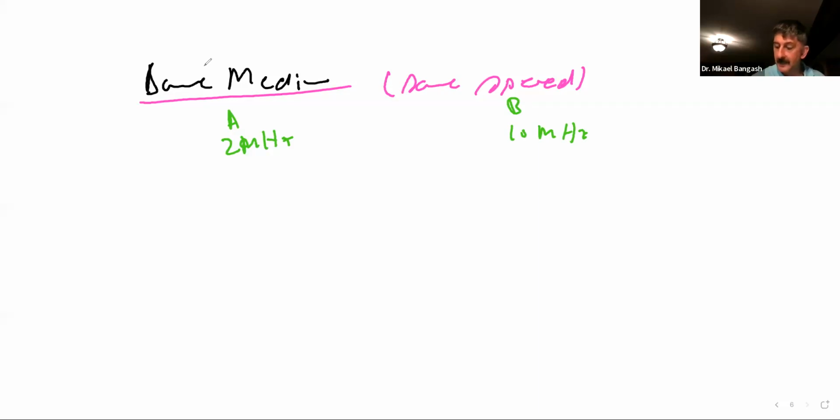Question number 1 says, which of the following waves has the higher period? That means you need to know the relationship between frequency and period.